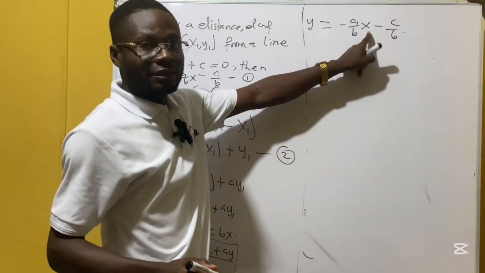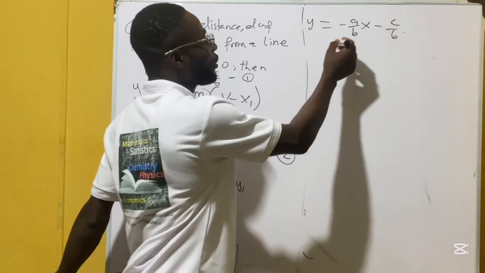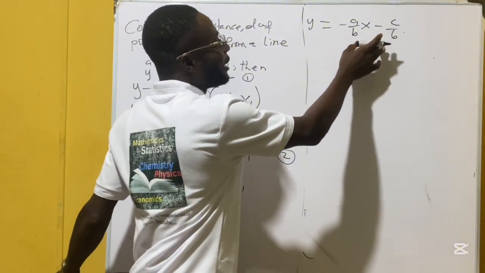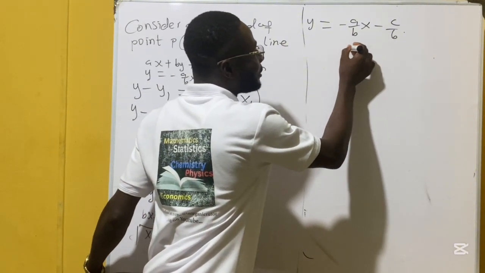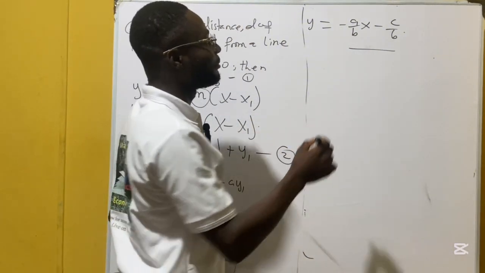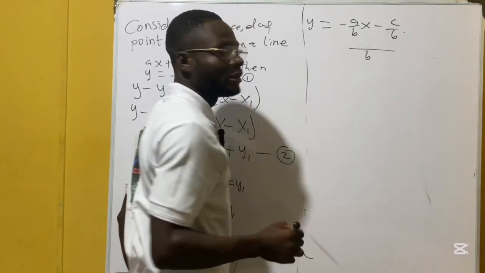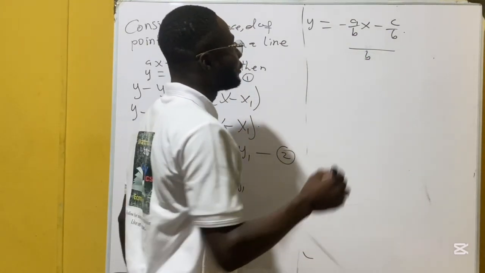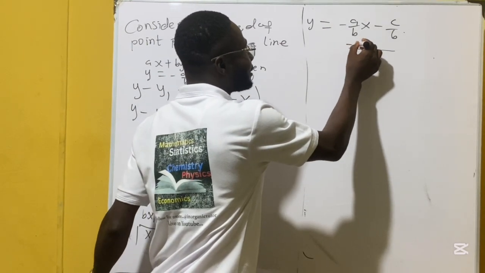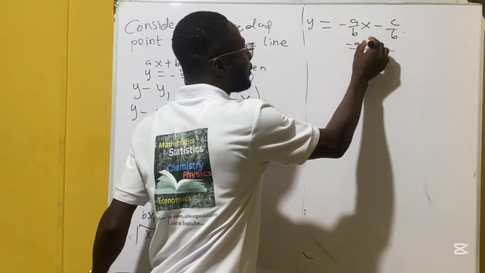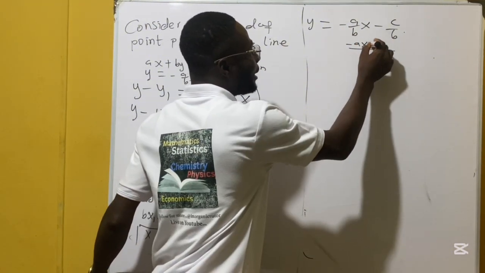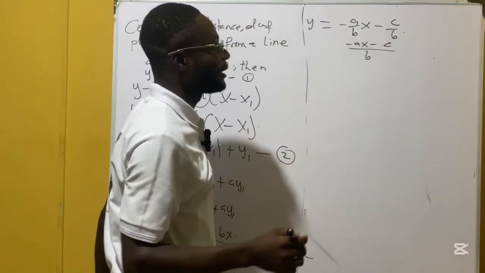We need x, right? So we can multiply. Okay, let's try to sum this, right? So summing this, meaning that b is a common denominator, right? So we have minus ax minus c over b.